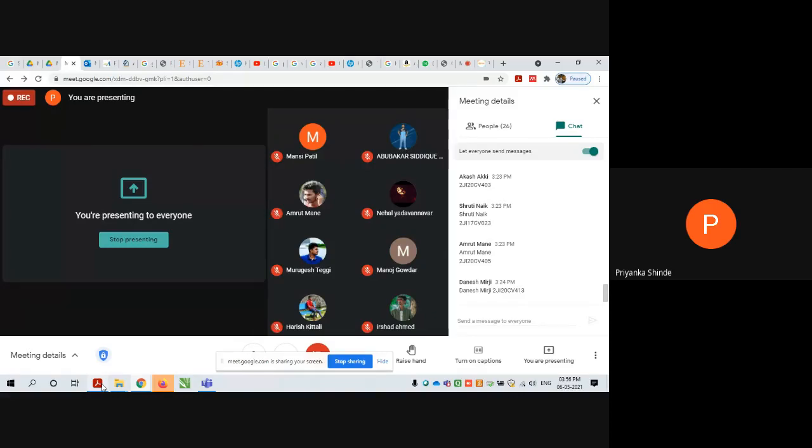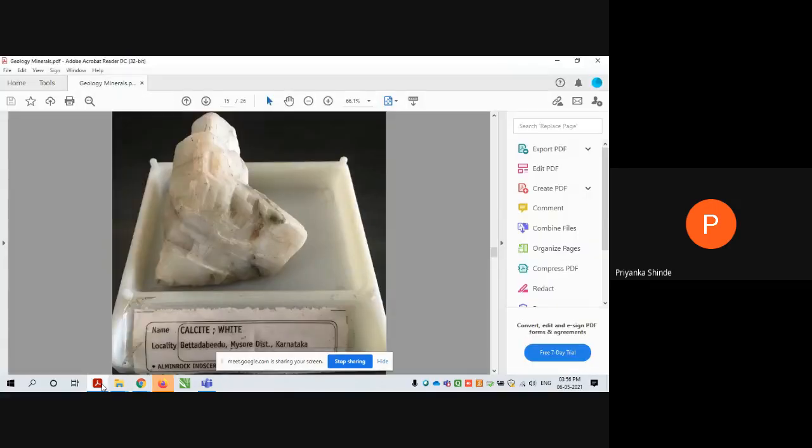It is limestone. Limestone is made up of calcium carbonate, and when this limestone undergoes metamorphism, it converts into marble. So marble composition is again the same, that is calcium carbonate. So both these rocks are made up of this calcite.